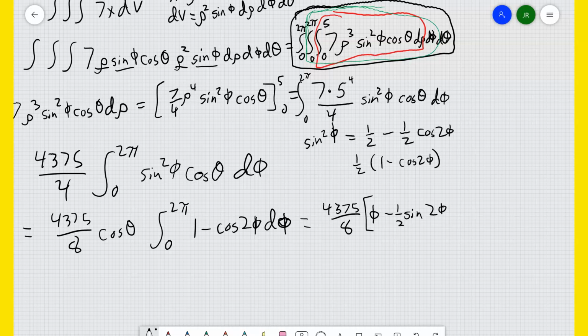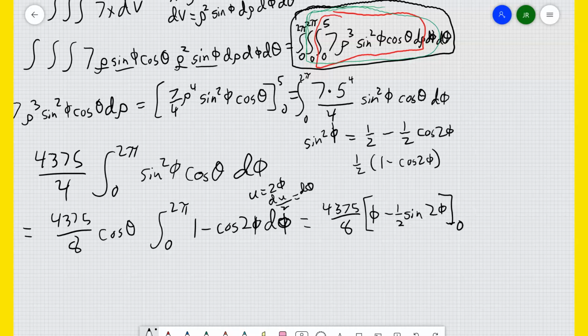You can prove that out using u substitution as we did before. If you let u equal 2 phi, you're going to end up with du over 2 equals d phi. So that d phi would get replaced by du over 2, and that's how the 1/2 got there.